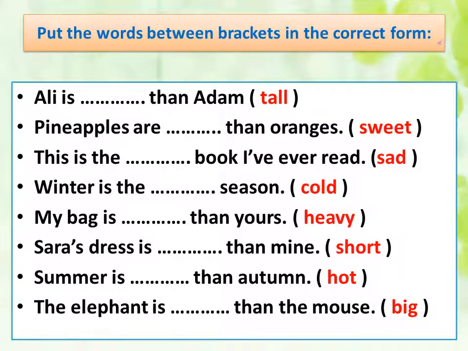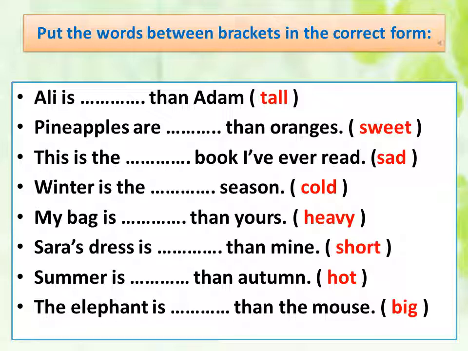Okay, now after we have seen the comparative and superlative rules, let's do an exercise. Put the adjectives between brackets in the correct form. Ali is taller than Adam, tall. Pineapples are sweeter than oranges, sweet. This is the saddest book I've ever read, sad. Winter is the coldest season, cold.